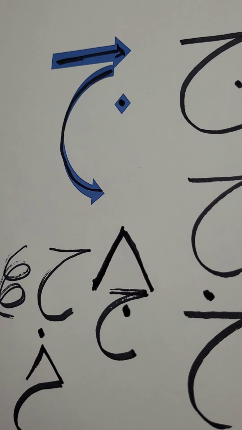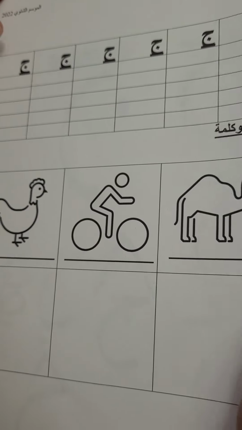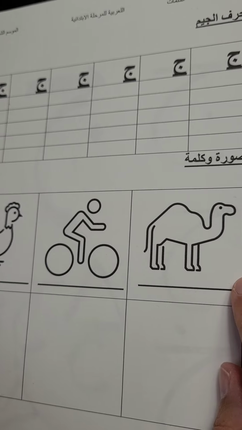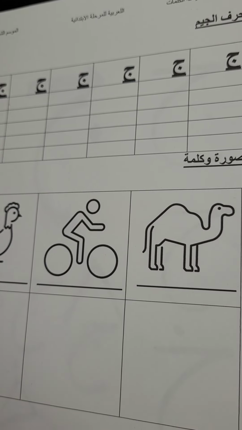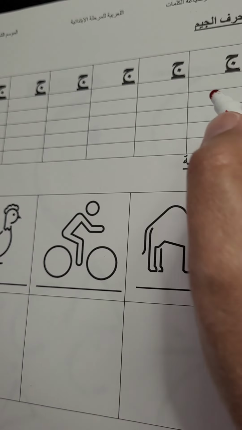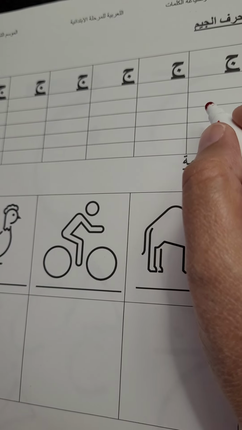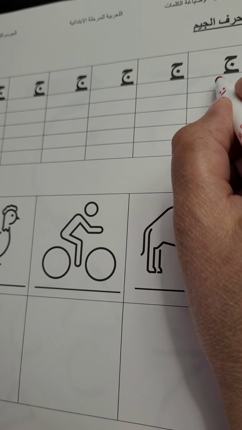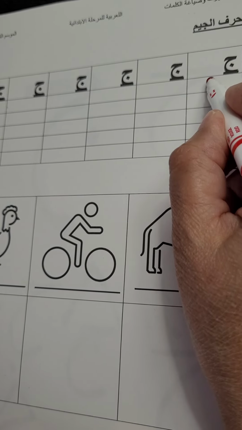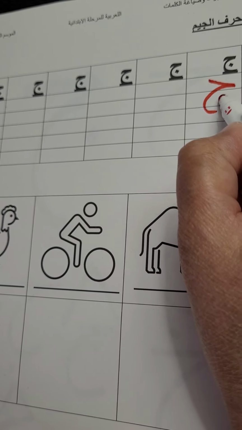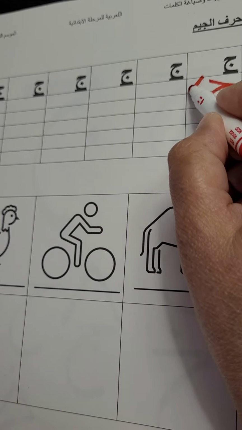Now let's practice the letter Jim with some words. Yesterday we practiced Ba, Ta and Tha with Fatha, Kasra and Dhamma. Today we will do the same. So this is the letter Jim. J with Fatha.